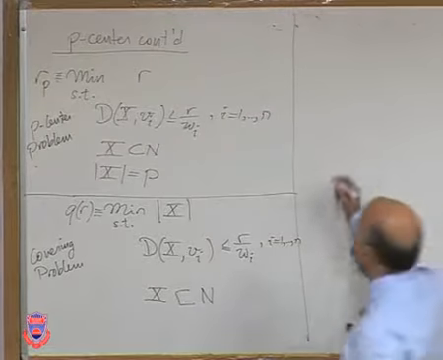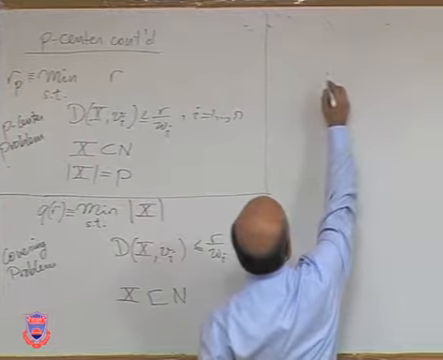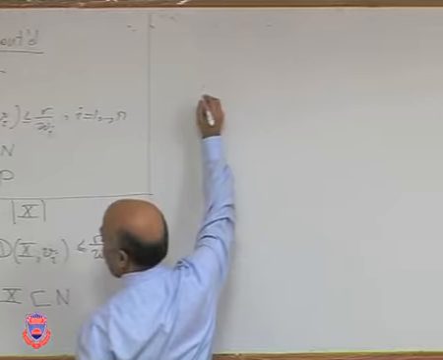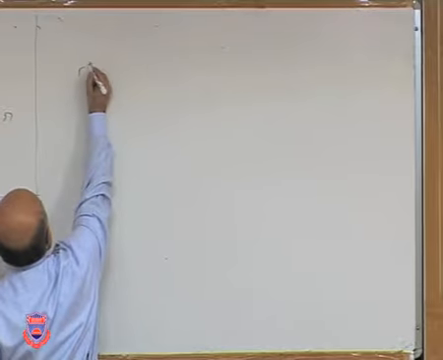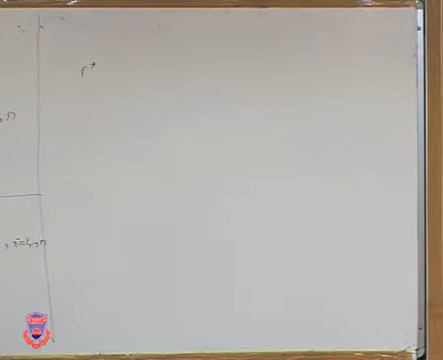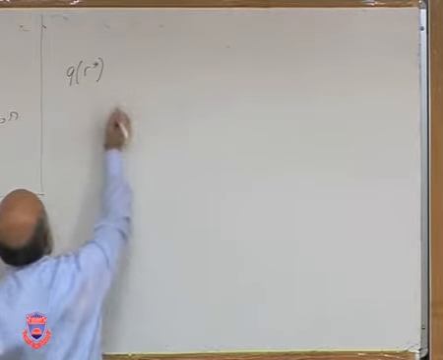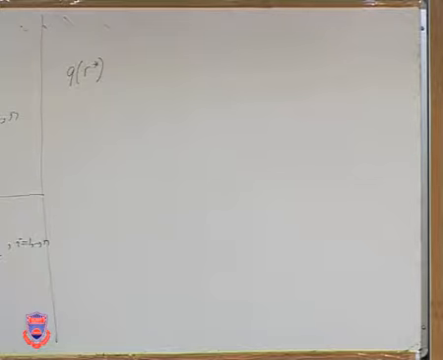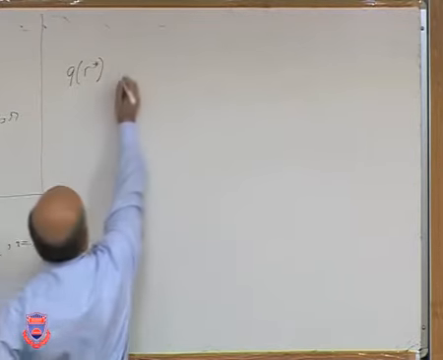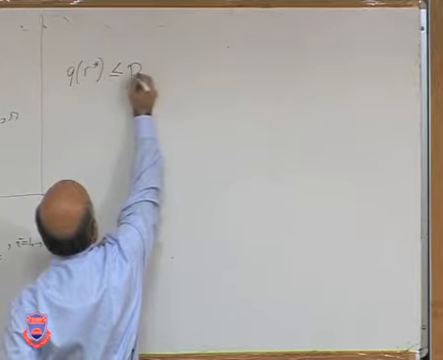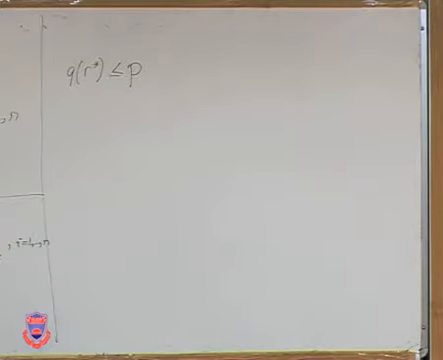And we arrived at the conclusion that we are looking for a particular value R star for which the covering problem with that value gives you a solution with at most P facilities.